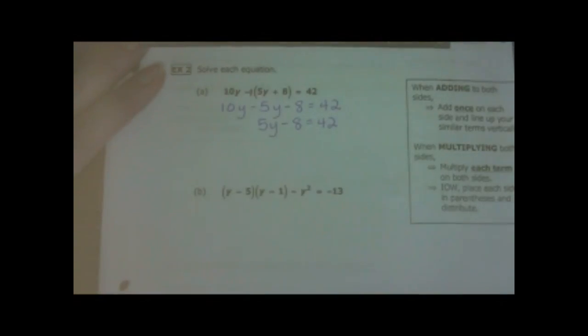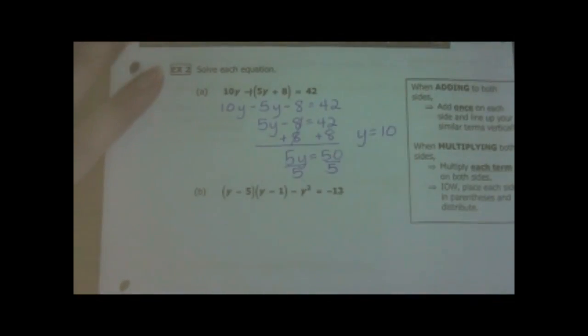Combine my like terms. They're already on the same side. Just combine them. 10y minus 5y gives me 5y. My next step? Add 8. Look to add or subtract before you multiply or divide. So here's what I've got. The 8's cancel. I've got 5y equals 50. Divide both sides by 5. This gives us y equals 10.